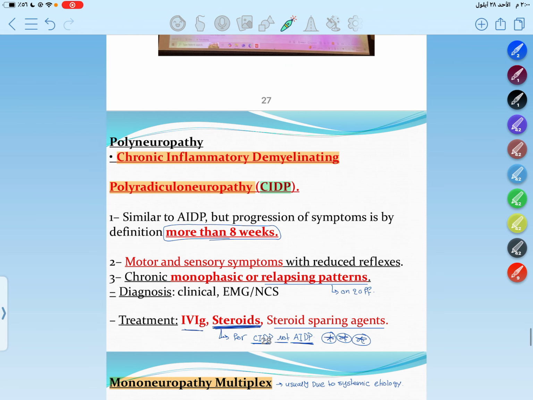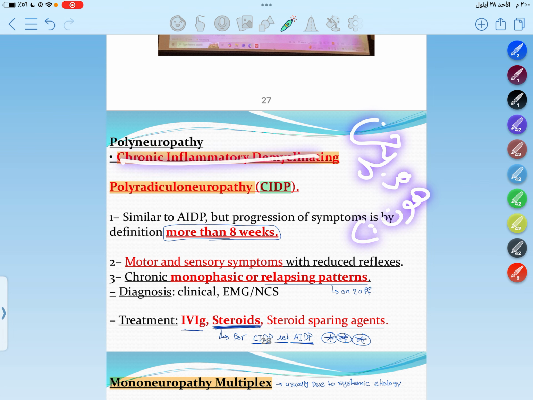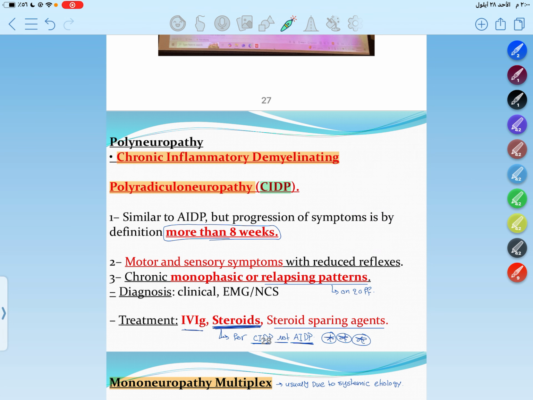Okay, this is acute. We also have chronic inflammatory demyelinating polyradiculoneuropathy, CIDP. It is different from AIDP. It is similar to AIDP, but the progression of symptoms is longer, more than 8 weeks, two months, whereas in AIDP the maximum is 2 weeks.